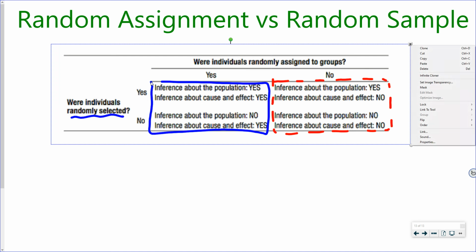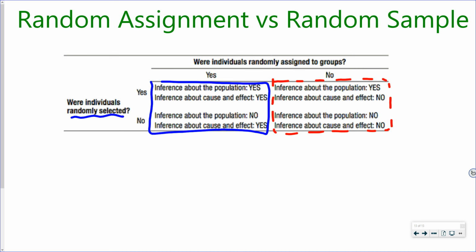Just as a quick example: were individuals randomly selected? Yes. Were they randomly assigned to groups? Yes. Then we can make inferences about the population because we randomly selected them, and we can make inferences about cause and effect because we had an experiment and they were randomly assigned to treatment groups or not.